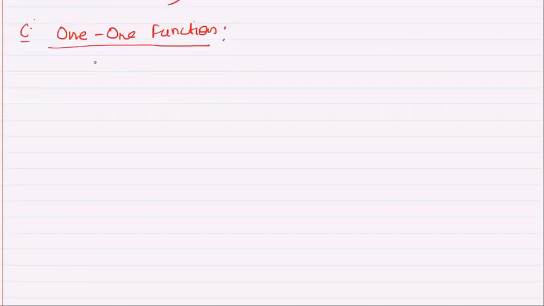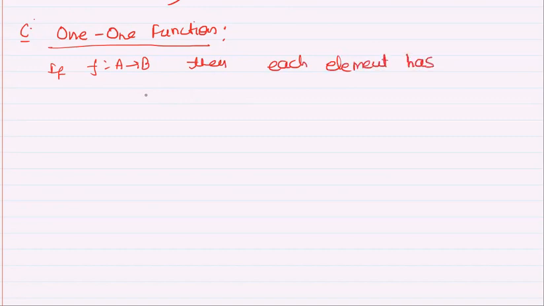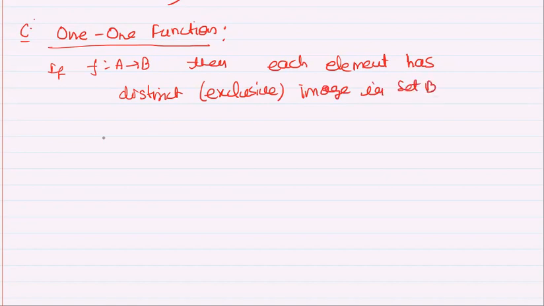If the function is from A to B, then each element has a distinct image, an exclusive image in the set B. Why is it so? That is the question. For being an invertible function, this is the criteria.